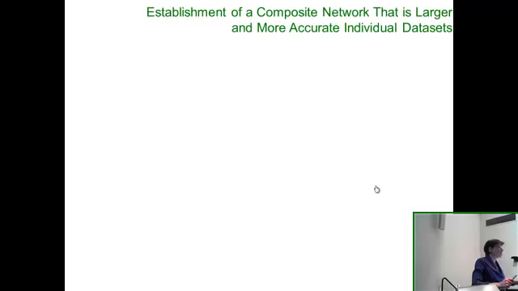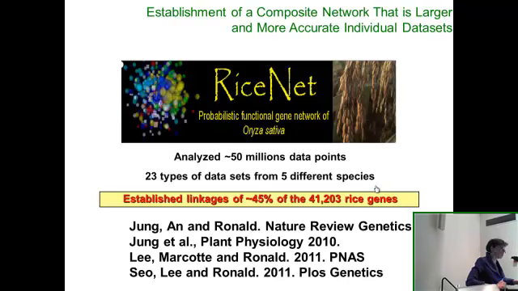And so we've been looking for ways that we can use a more advanced statistical approach to identifying genes that are going to be most interesting for the defense response. And so we sought out Edward Marcotte at the University of Texas, Austin, to collaborate on this project, as well as Insuk Lee. They have developed probabilistic functional gene networks for many organisms, and they set up a network for rice called RiceNet.